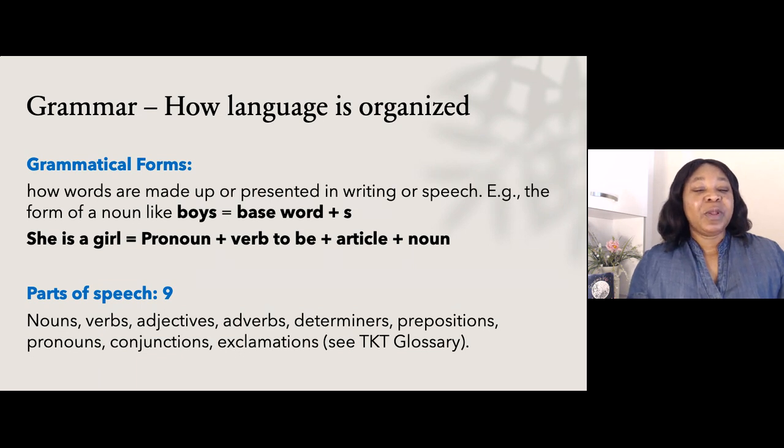So, for example, a noun like boy is a base word, but you can add an S to it to make it a plural. So we could say boys is the base word, which is a noun plus an S. Very simple way of analyzing English language.